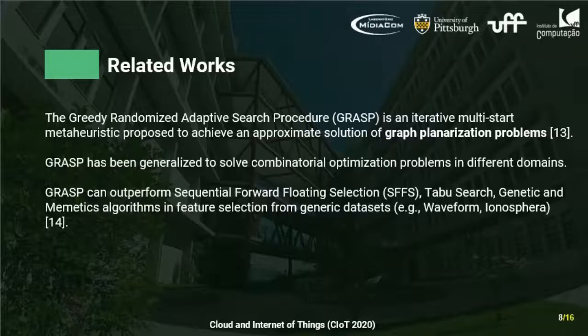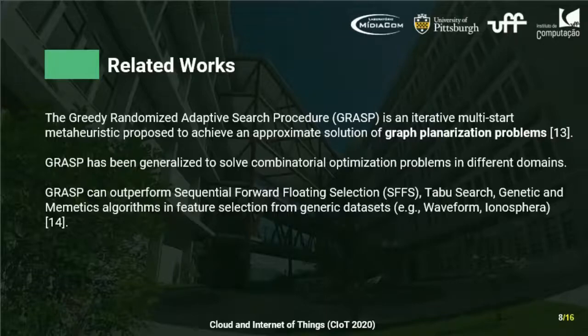To start with related works, I will talk about GRASP. It's an iterative multi-start meta-heuristic proposed to deal with problems in graph planarization. However, it has been generalized to solve combinatorial problems in other domains.